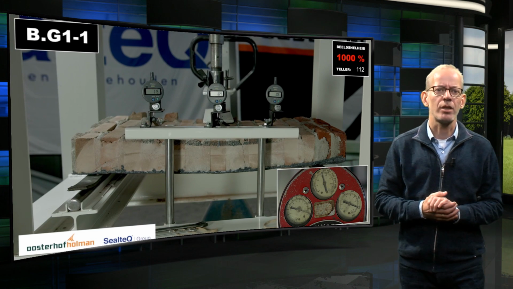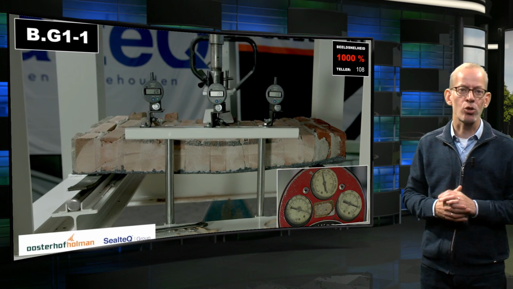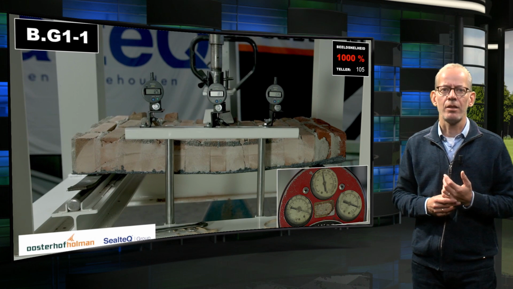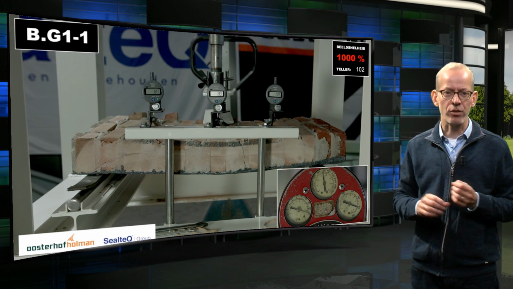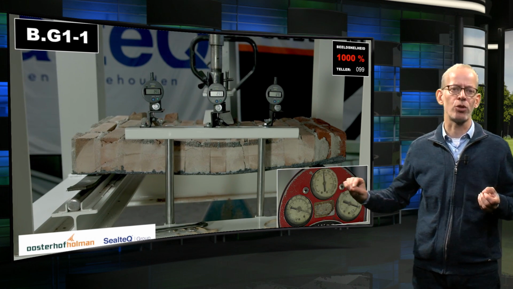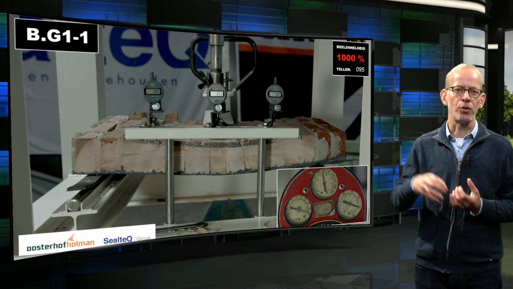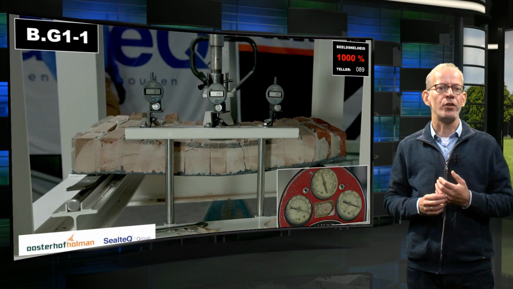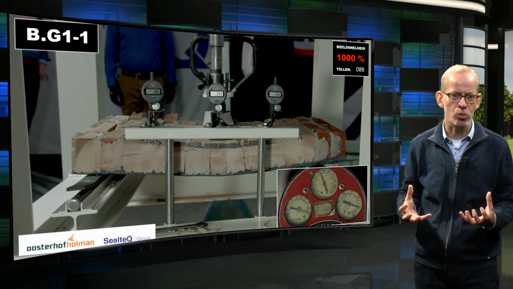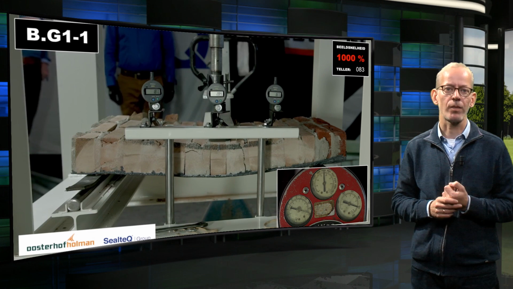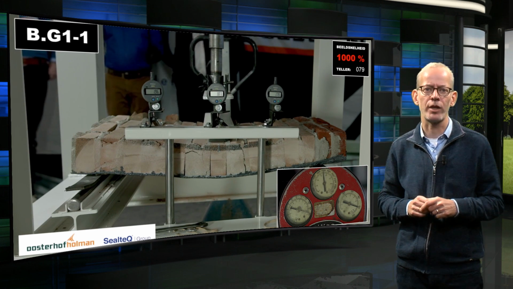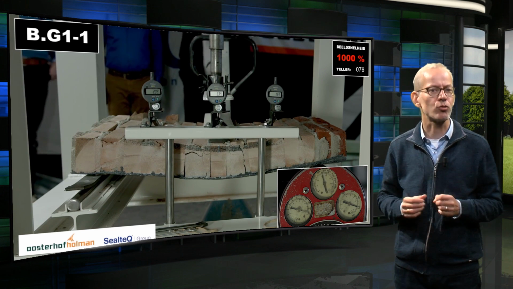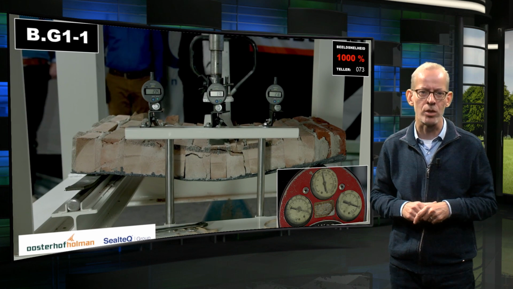In this experiment, carried out by the companies Oosterhoff Hollmann and Sealtech, the surface of the masonry is strengthened with a mesh of fiber-reinforced polymers. During loading the masonry out of plane, this mesh holds together the masonry at a stretched surface, and this prevents cracks from developing quickly, and it contributes to the ductility of the masonry.